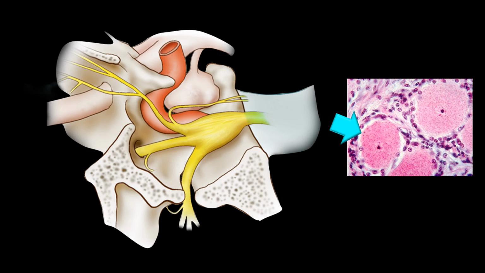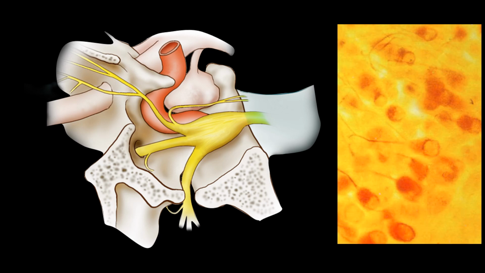They are round in this specimen and have a central nucleus. This is another specimen in which you can actually appreciate the unipolar nature of these neurons. The arrow points to a single structure dividing into two neurites.